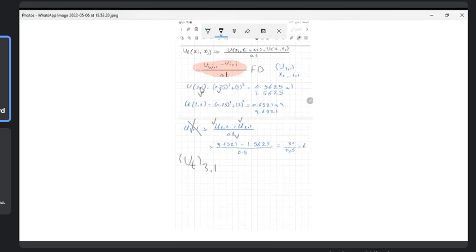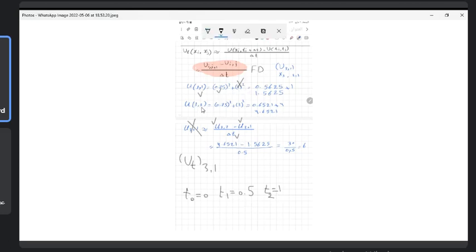What about x1? t0 is 0, okay? t1 is 0.5, not 1. t2 is 1, okay? t1 is 0.5. It's not correct.